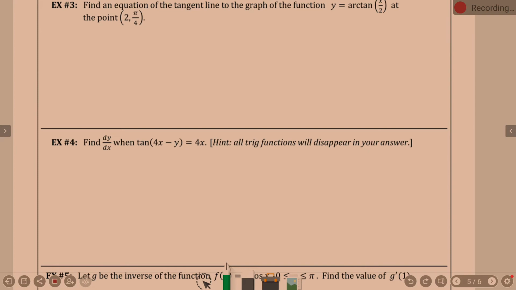Okay, so shocked, right? I don't need to really teach this, you know what to do. We're going to start by finding the derivative. What is the derivative of tangent inverse of something? 1 over 1 plus something squared, which is x over 2 quantity squared, times what's the derivative of x over 2?